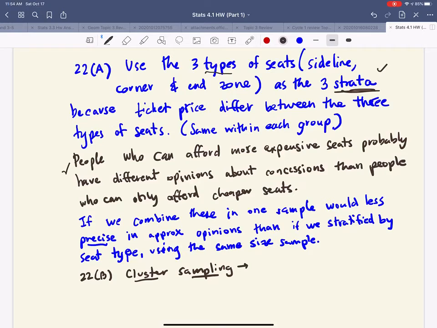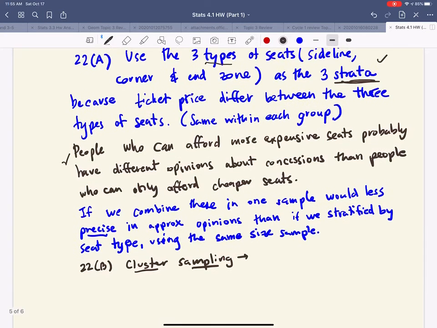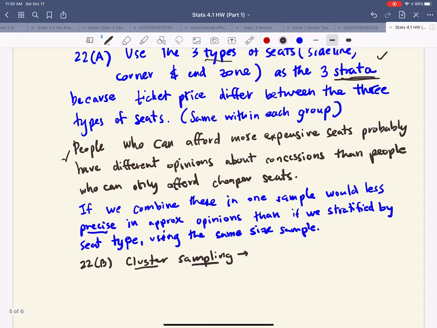So each numbered section could be used as a cluster because it's easier to hand out surveys to everyone in a numbered section. Then we could randomly select several numbered sections and survey all the fans in that section. So cluster sampling would be more efficient than finding an SRS of fans scattered throughout the stadium.